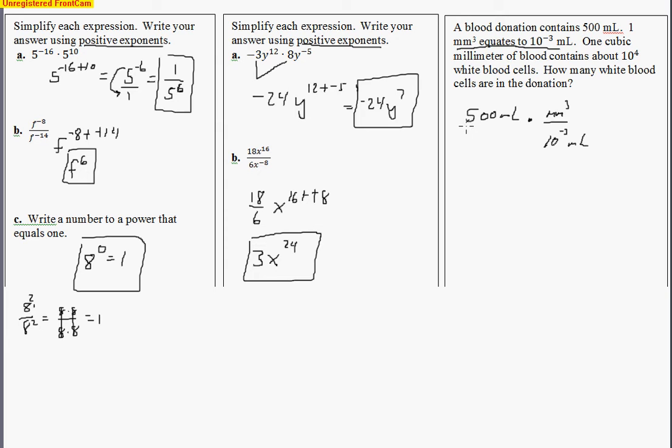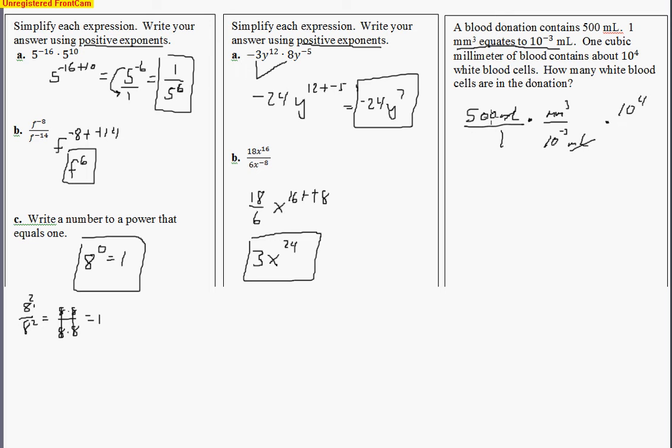You can see how the milliliters are going to end up canceling out. Then, since 1 cubic millimeter of blood contains about 10 to the 4th white blood cells, we multiply by that 10 to the 4th white blood cells to find out how many we have in this whole donation. And so here's my setup.